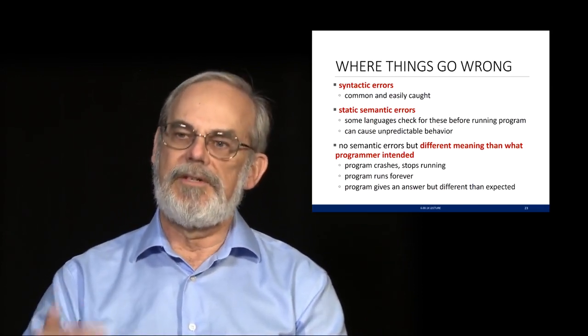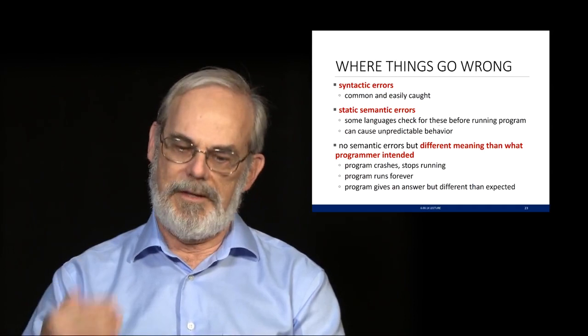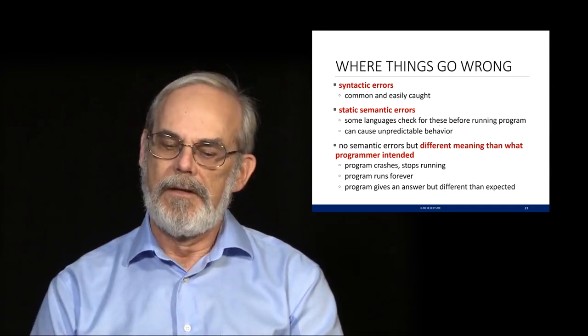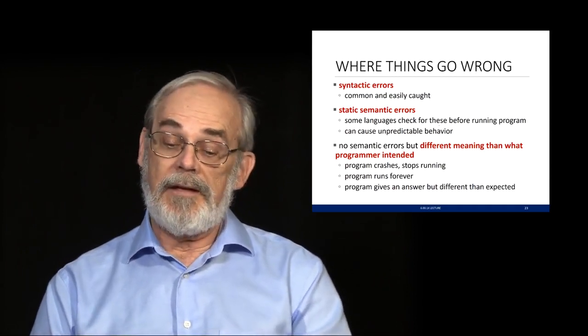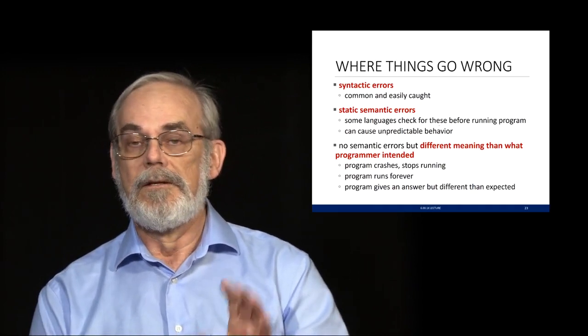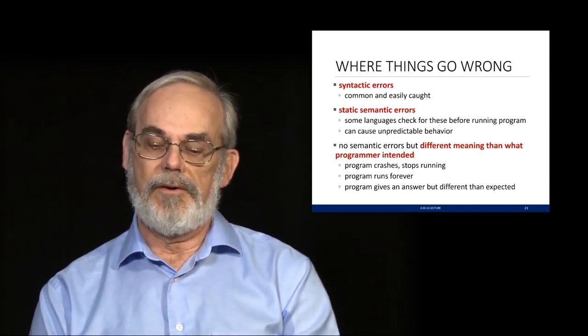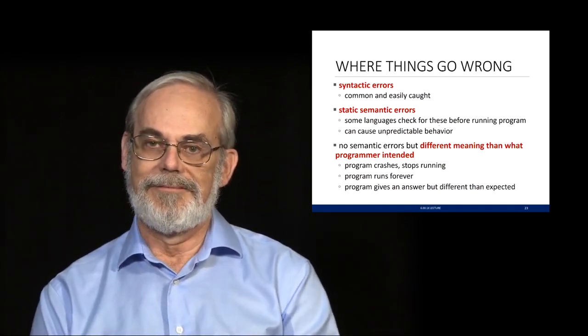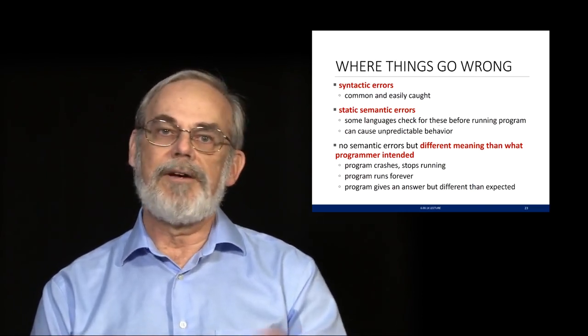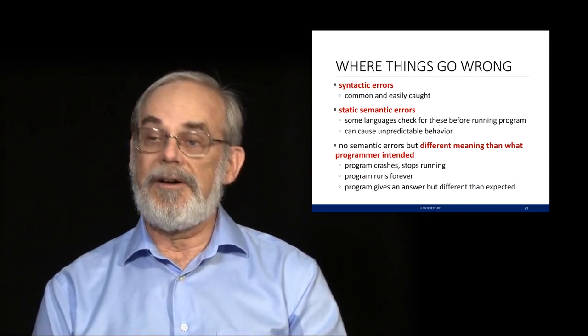As you're going through a sequence of instructions, when it comes to one that is not statically semantically correct, it will stop. That's good news, but it can lead to some unpredictable behavior, and we're going to see that as we go along. The bigger problem is one where there are no semantic errors, but you get a different meaning than what you actually intended. These are the bugs that are challenging and are going to be difficult to find, but you need to find.